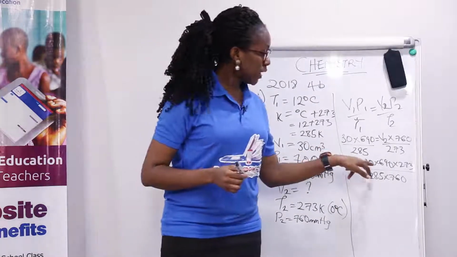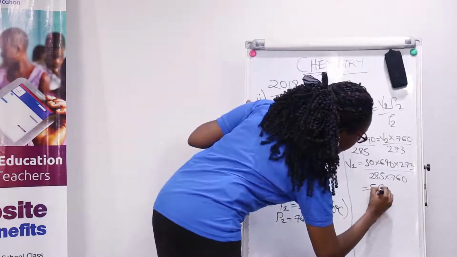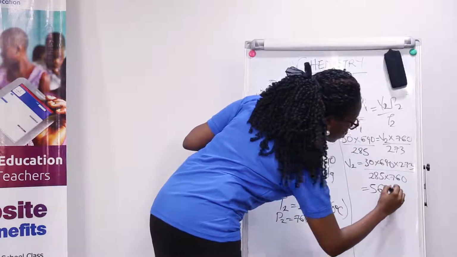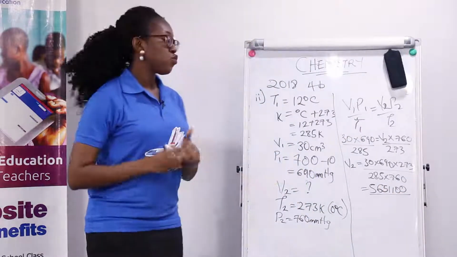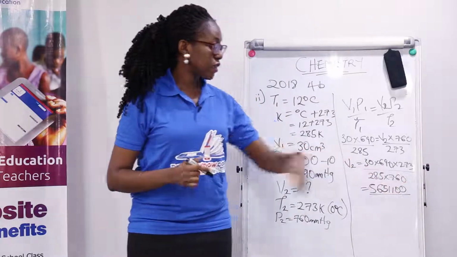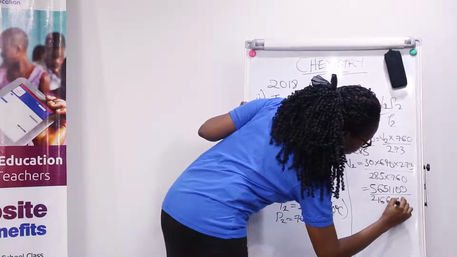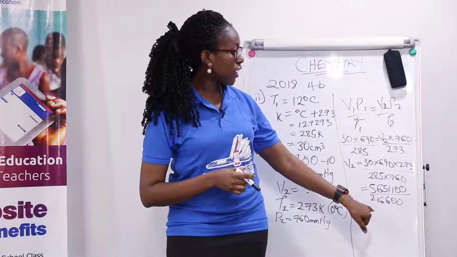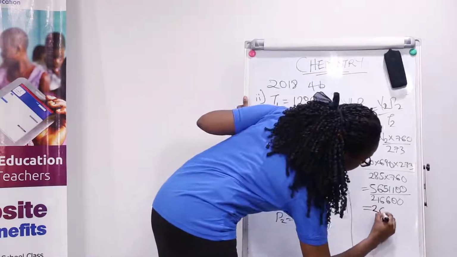Now 30 times 690 times 273, please calculate that. This will give us 5,651,100 divided by 285 times 760, which will give us 216,600. This divided by this will give us 26.09. If you calculate it, you see it.